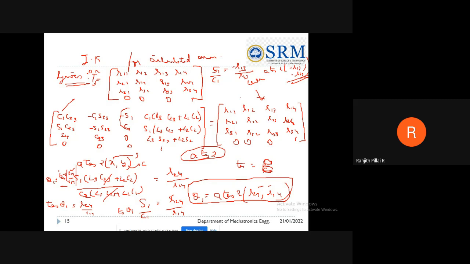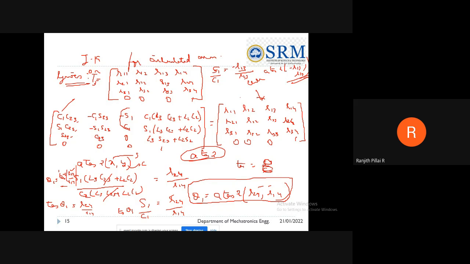See, if you look at all of these combinations, these are again a combination of theta 2 and theta 3, right? I have here C23, which is theta 2 plus theta 3. Here also, everywhere, I don't have anywhere where I can segregate this alone. Either it's a combination of theta 2 and theta 3, or you have theta 2.